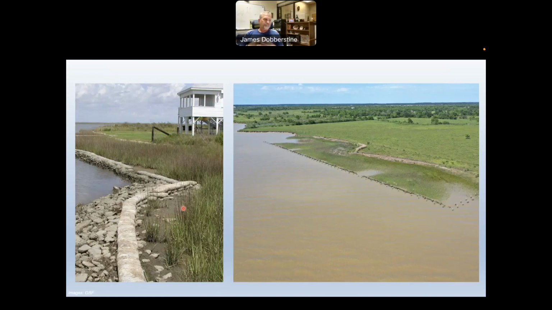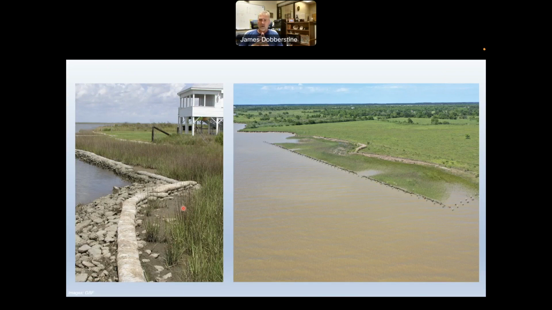So the approach that we're taking more and more often, and I'm seeing more contractors doing this, but this on a national scale has really taken off over the last 20 years, and in Galveston Bay has gained a lot of traction as well.